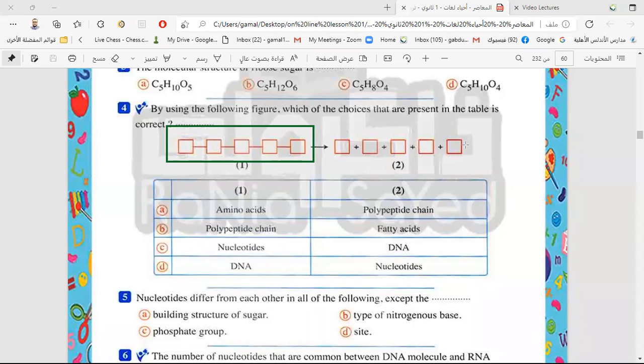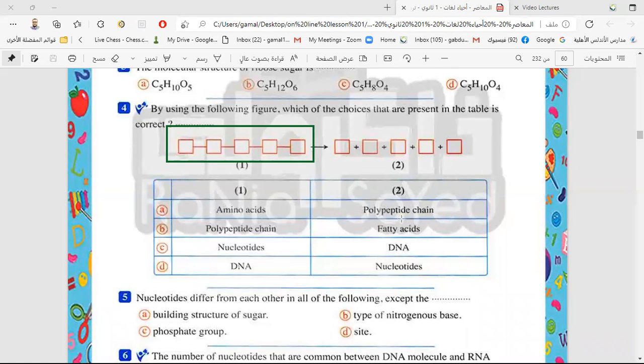Well, we studied many polymers. Carbohydrates are polymers, lipids are polymers, proteins are polymers, nucleic acids are polymers. So we have a polymer made of monomers. Here we have a polymer on the left side, in 1, and we have monomers on the right side, in 2. So let's choose which is correct.